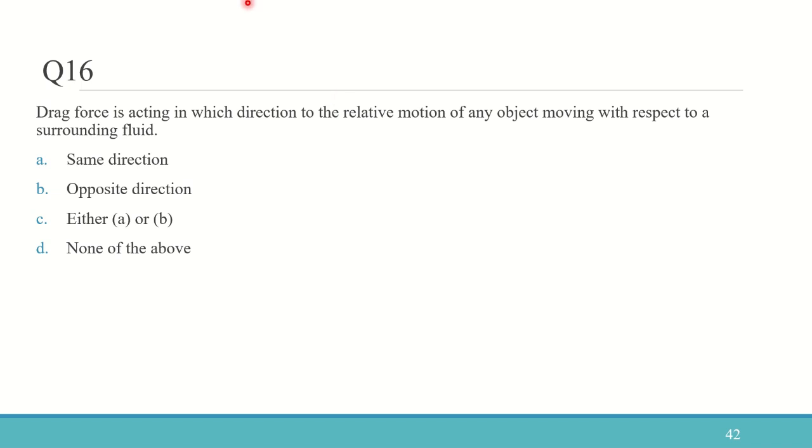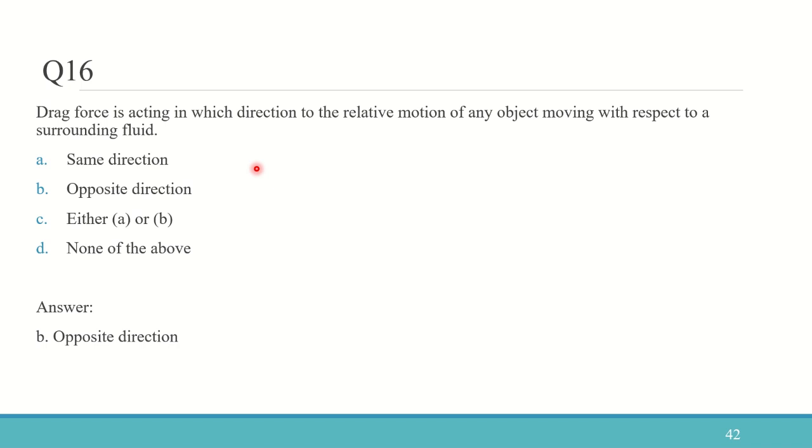This question we have seen in the last class: drag force acts in the direction opposite to the relative motion of any object. So option B is the right answer. Here we are stating that drag force acts in the opposite direction to the relative motion of any object moving with respect to the surrounding fluid.